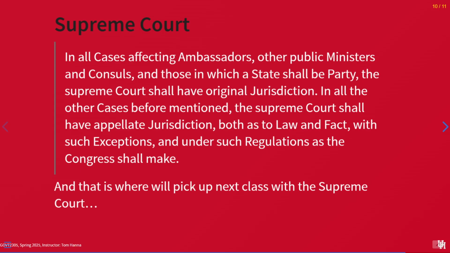But any case in federal court where one of the states is a party, the Supreme Court has original jurisdiction. That means in these very limited cases, the Supreme Court becomes the trier of fact in addition to the appellate court. So in all other cases before mentioned, the Supreme Court shall have appellate jurisdiction both as to law and fact, with such exceptions and under such regulations as the Congress shall make.